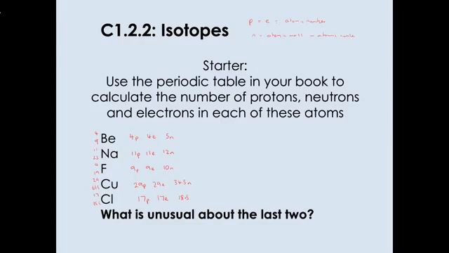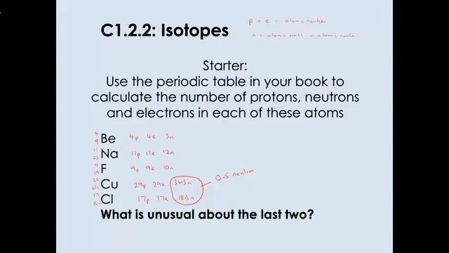Sorry, my points aren't very big. Okay, so what's unusual about these last two is that we've got 0.5 of a neutron. Now you can't have half of a neutron because it's a subatomic particle. It's indivisible. You cannot split a neutron in two.